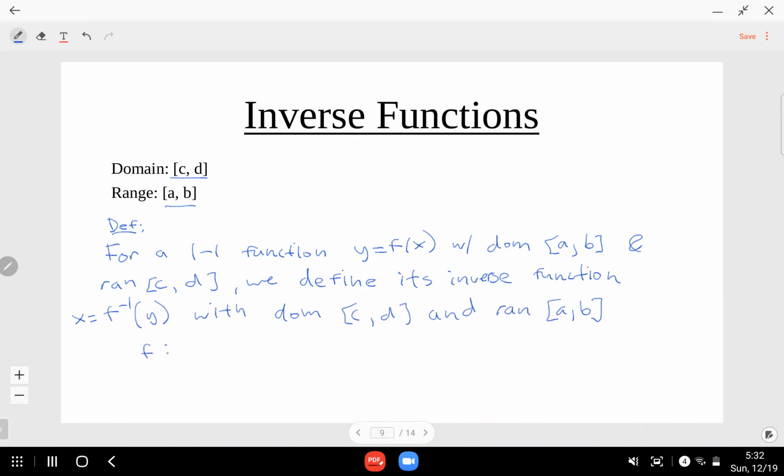F goes from A to B to C to D. Its inverse is going to go from C to D to A to B. So instead of y equal to f of x, we get x equal to f^-1 of y. That's how we're going to find an inverse.